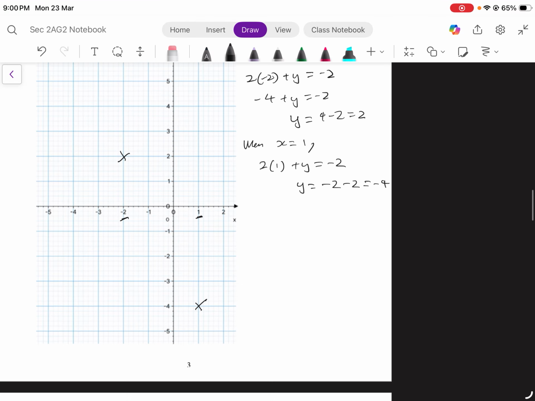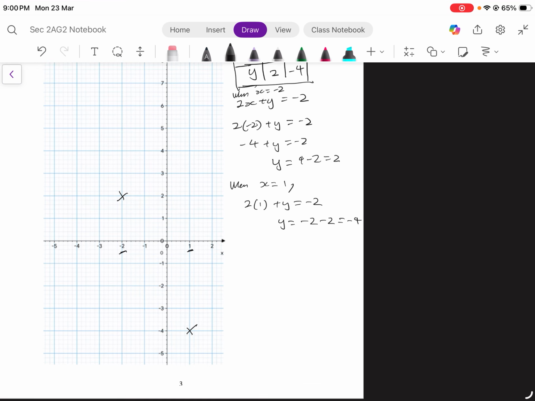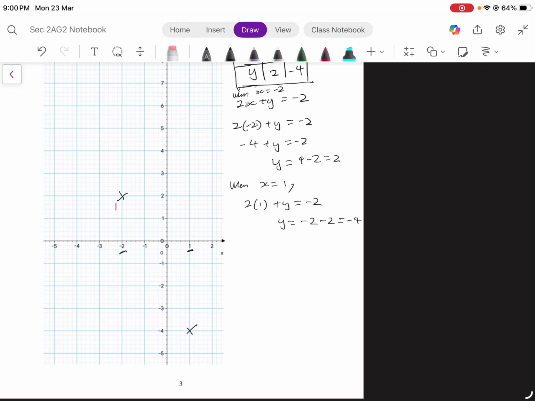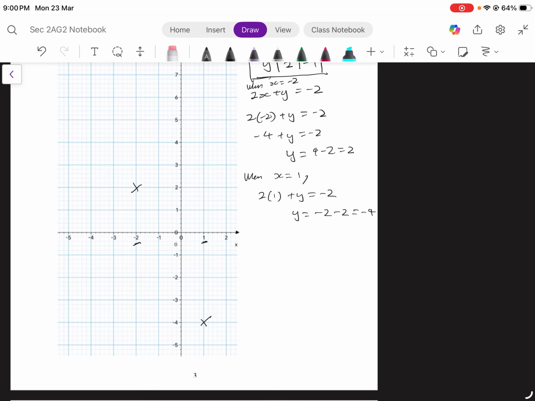Okay, so it's going to be a bit difficult to draw. Okay, let's see if I can. Oh, okay, sorry, it's working.